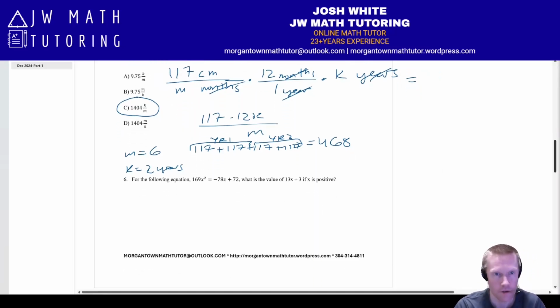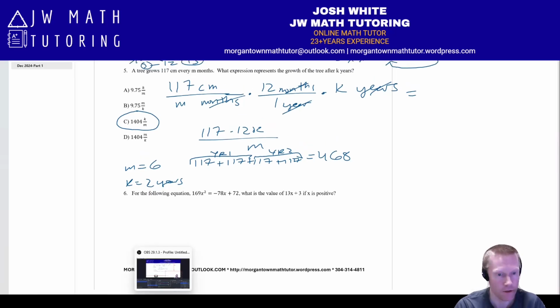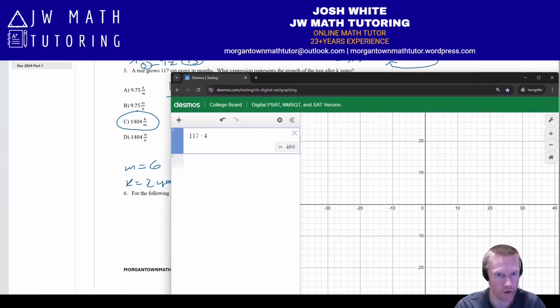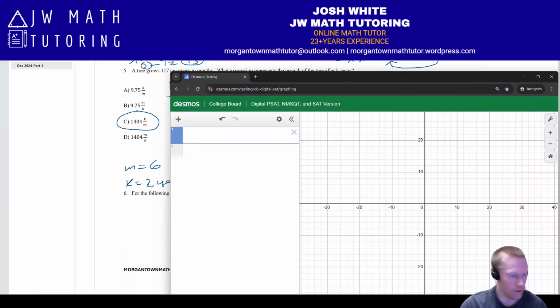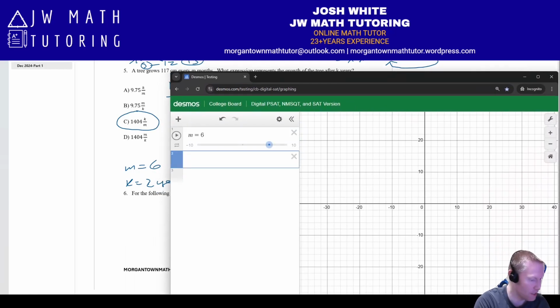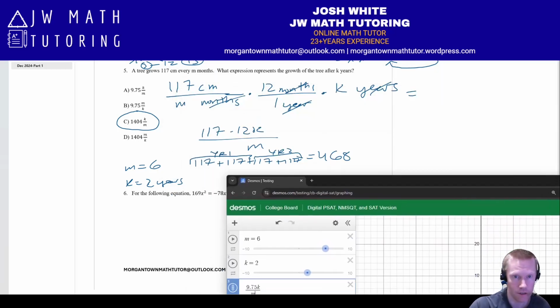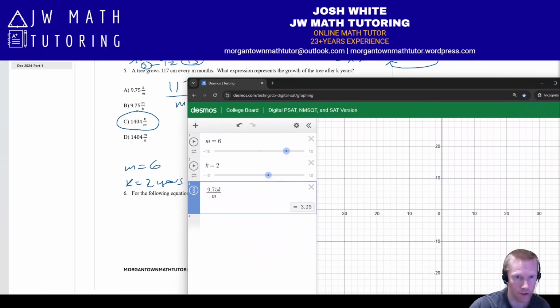Okay. So now I'm just going through the answer choices, and again, I let m equal 6 and I let k equal 2. I'm just going to type them in, and I'm going to see, does this equal 468? The total growth I would expect for 2 years. Okay, so answer choice A, no. All right, let's switch the M and the K. Nope.